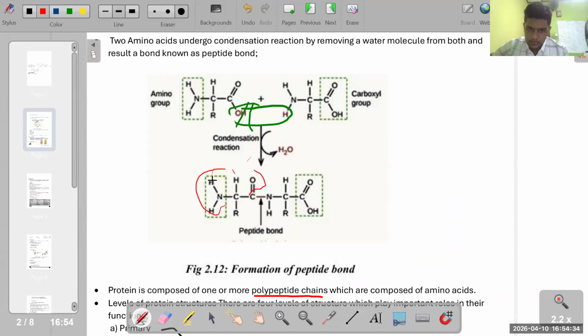Now tell me, can this form with another oxygen present in the top region? Just think there's another amino acid up here, and the oxygen atom is projected like this. Can this hydrogen now react with this oxygen?